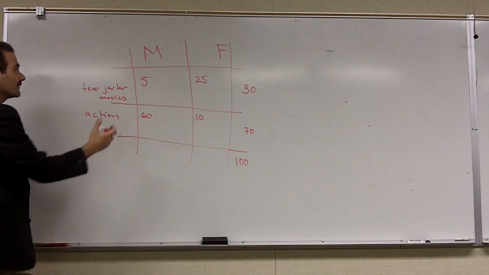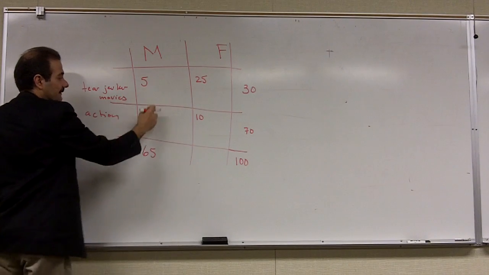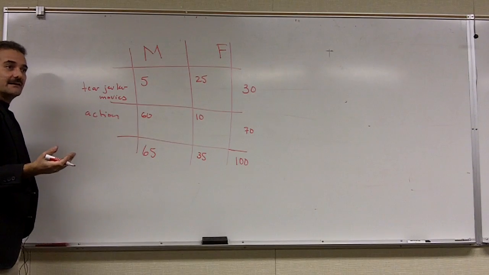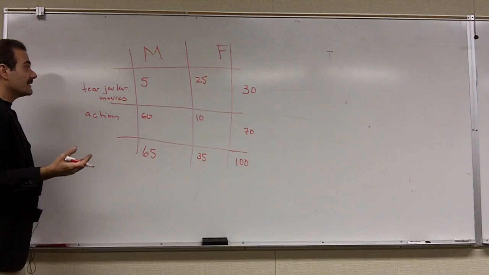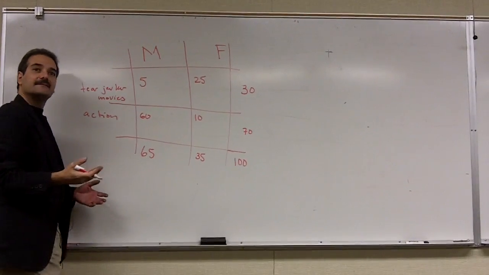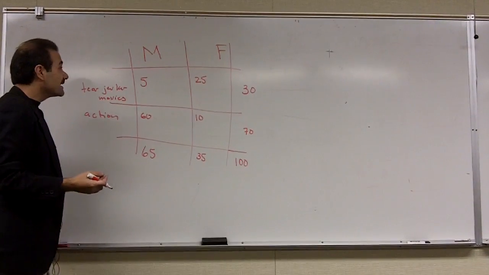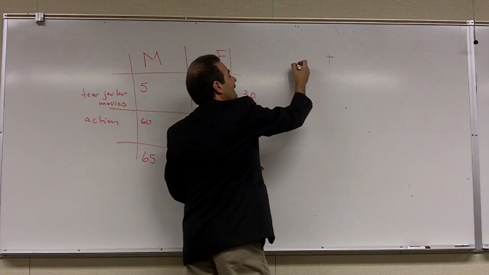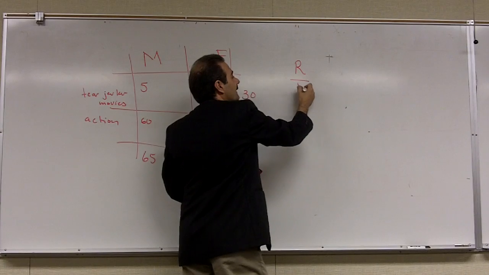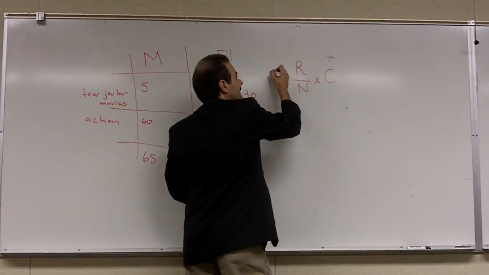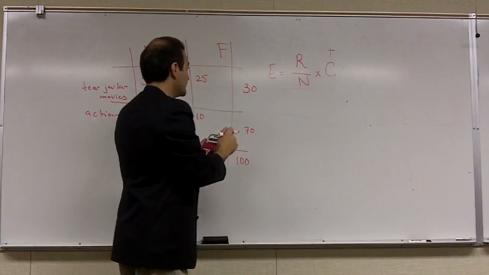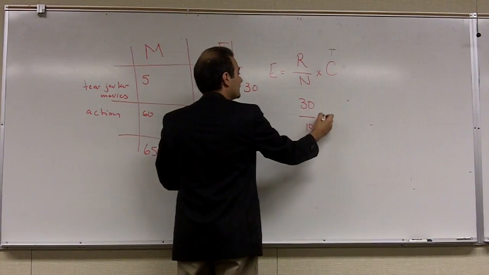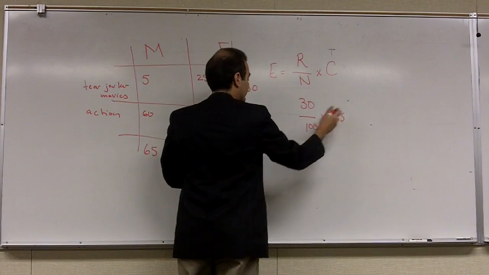So let's take a look. This would be 65 here, right? 65, and this would be 35. So let's calculate the expected here. So how do you calculate it? It's row over n multiplied by column, right? Row is 30, divided by n is 100, multiplied by column, which is 65.